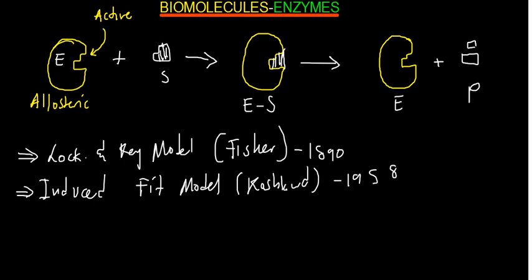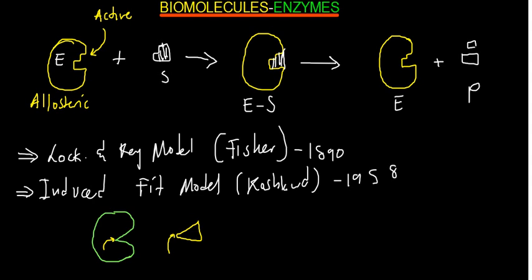So at times the substrate might not be able to bind or fit in exactly, so the shape of the enzyme might change slightly. For example, let's say this is the enzyme, and this is the shape that it has. And then the substrate is supposed to work on, let's say, something a bit like that. We are able to see that this end here is pointed, but here it is not pointed.